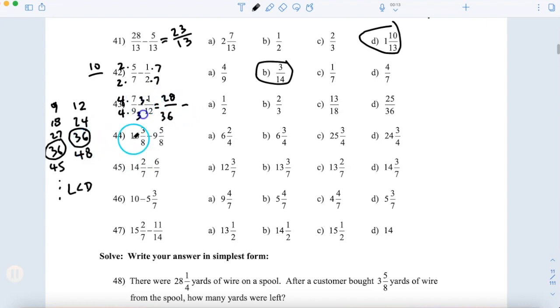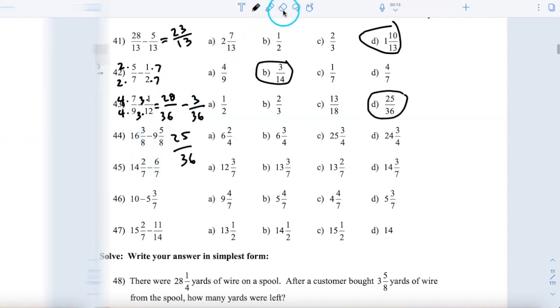Times 3 on the top, times 3 on the bottom. 3 times 1 is 3, and 3 times 12 is 36. Once you have the same denominator, you keep it and you subtract the top. The top is 28 minus 3, which is going to give you 25 over 36. If you were doing the other way, then your denominator was going to be 108. That means you have to simplify, simplify, simplify, simplify. Okay? Just keep that in mind.